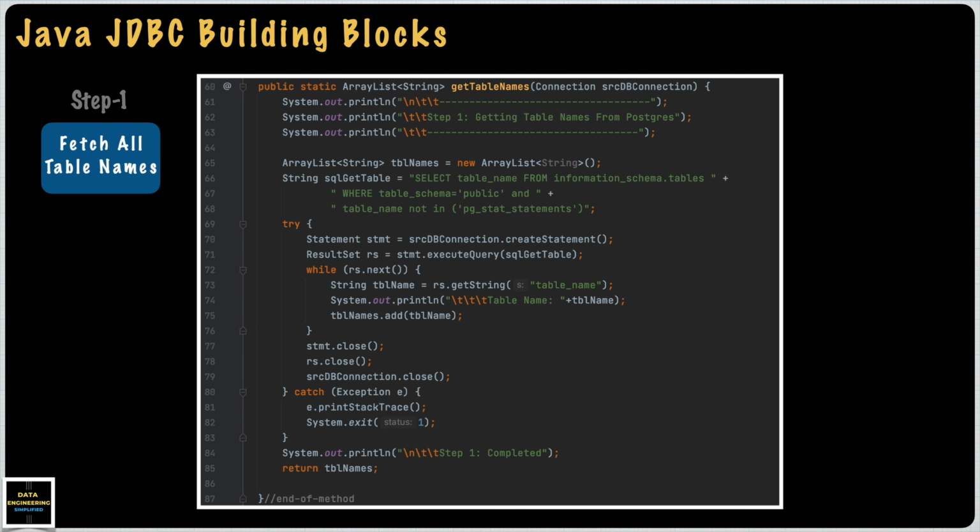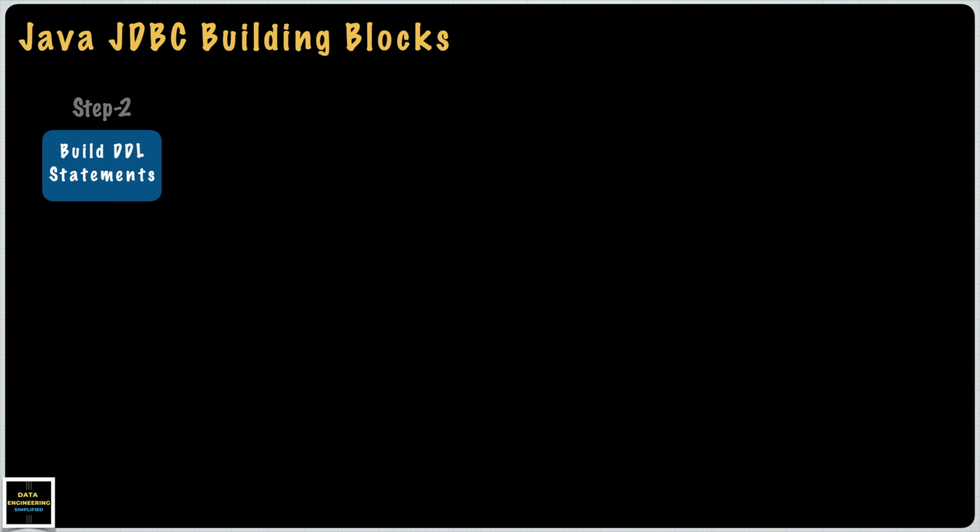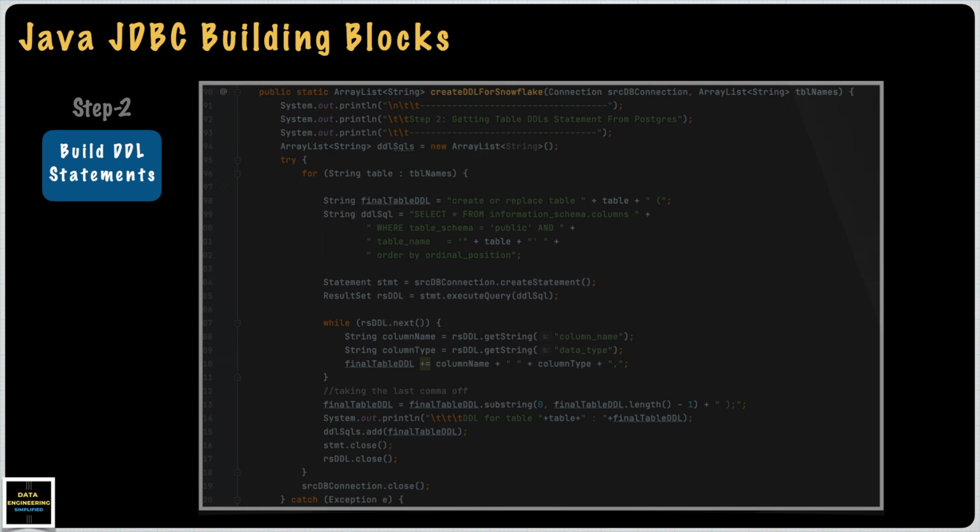From there, line number 71 is executing this query and extracting the information through the while loop from line number 72 to line number 75, adding all those values into a list, and line number 85 returns the list.